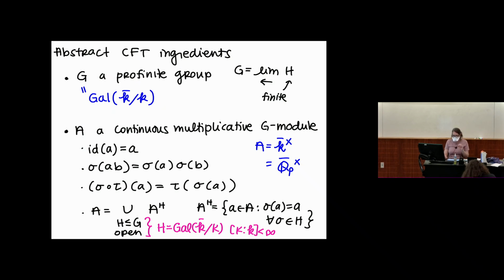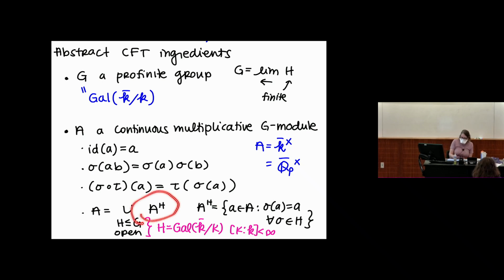So in the case of local fields, Q_p is a local field, there's a really easy module, which is just the field itself, or the non-zero elements of the separable closure, that the Galois group acts on just like normal, like Galois acts on its fields.